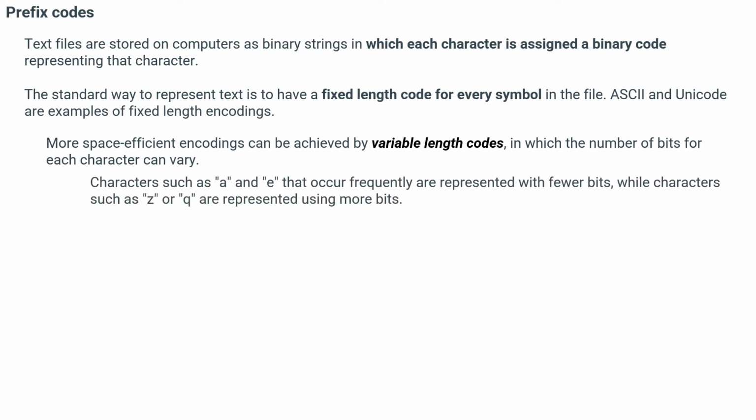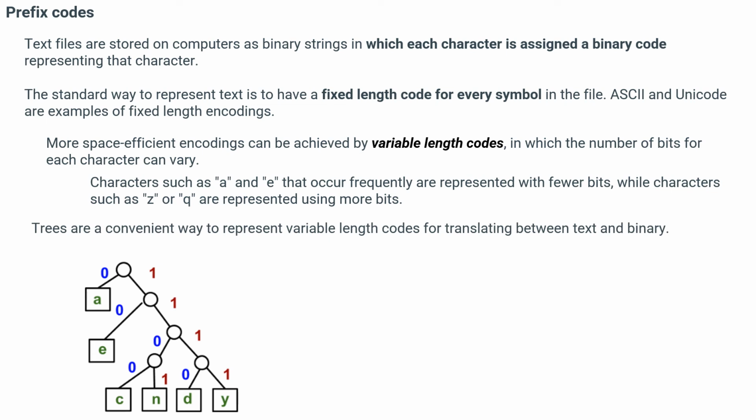So that's the idea here: we'd want to come up with a way to represent these different characters by binary strings, but have it so that characters like A and E would need fewer bits, while characters like Z or Q would have more bits. So is there a way to do that?